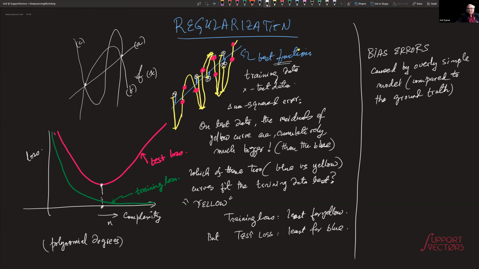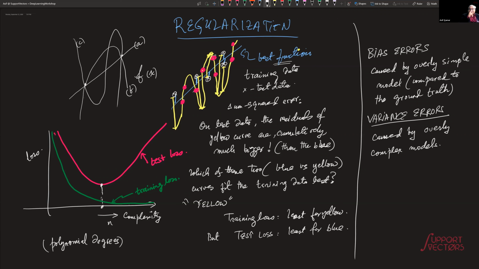Are we together? On the other hand, the variance errors are caused by overly complex models.